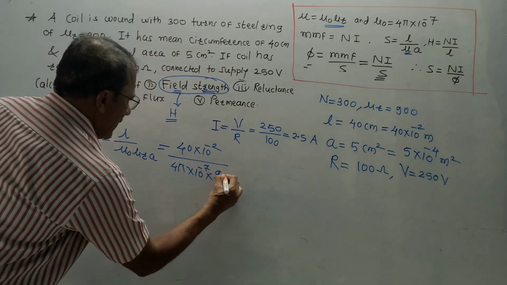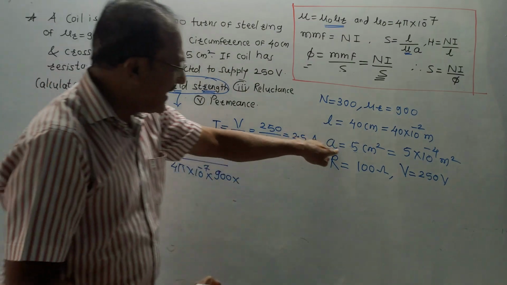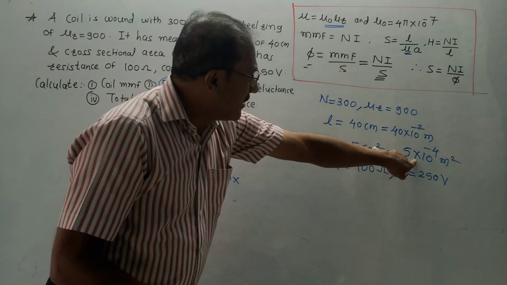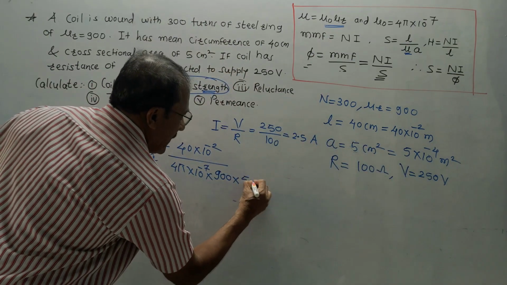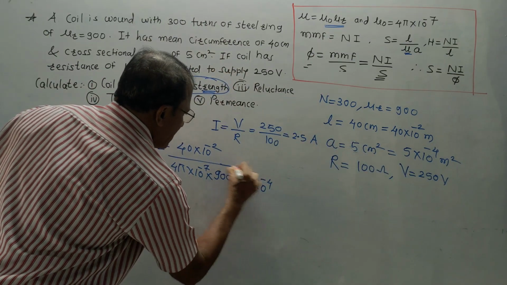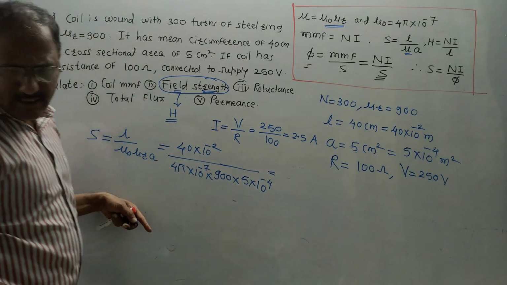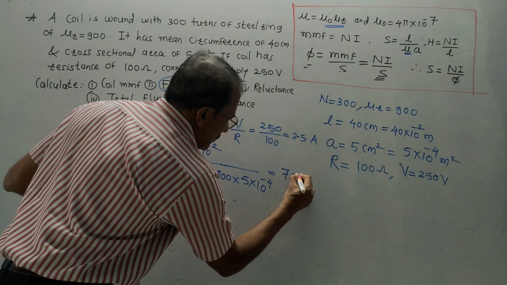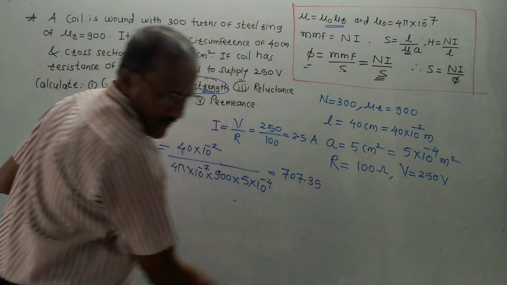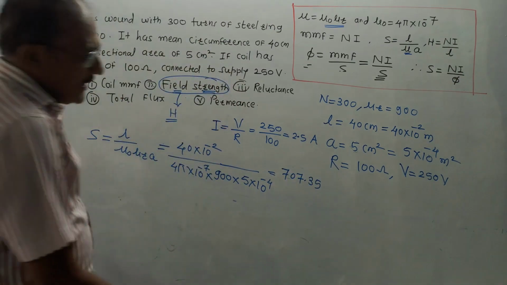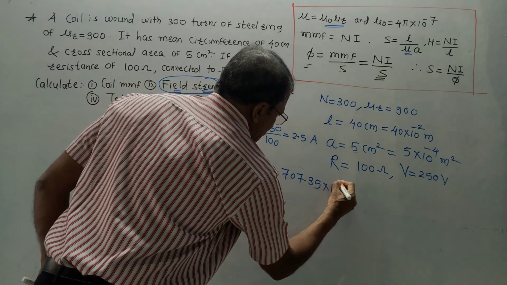Put the value 900 into area. Area is 5 centimeters square, so use the value 5 into 10 raised to minus 4 meters square. If you perform the calculation on the calculator, the answer will be 707.35 into 10 raised to 3.